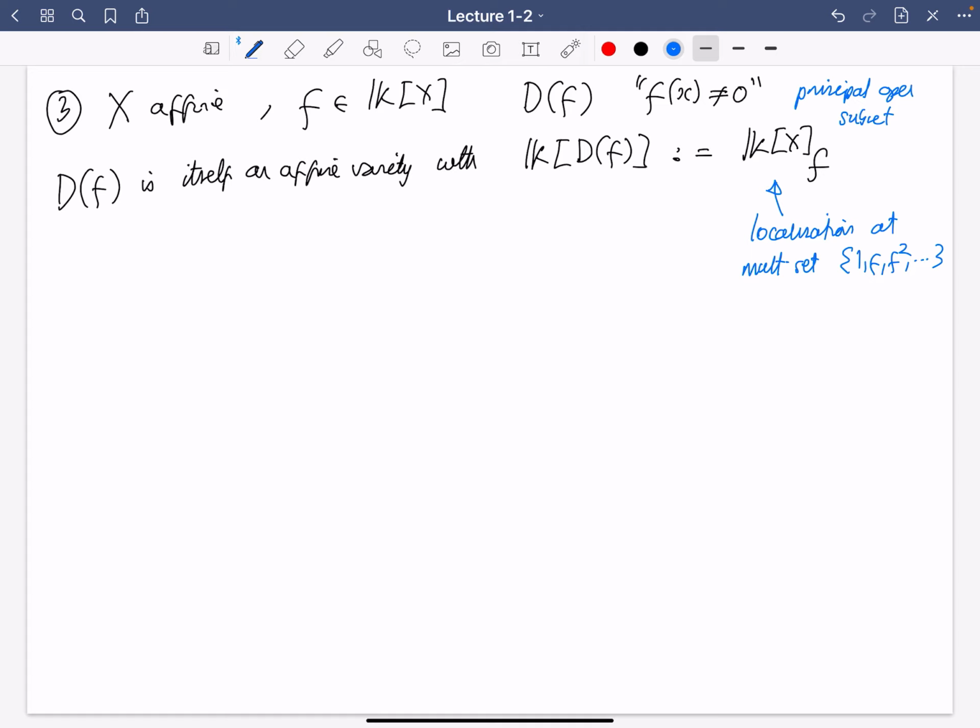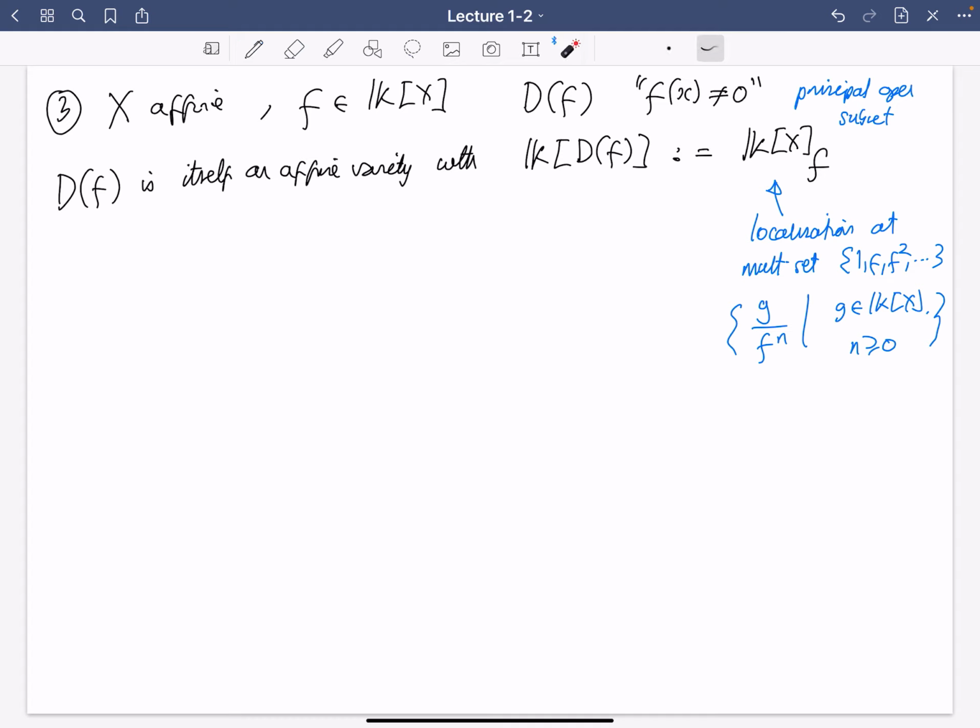So elements of this localization, they look like functions g in the coordinate algebra of X divided by some power of f, for g in the coordinate algebra of X and n greater or equal to 0. Okay, so they look like fractions with powers of f on the denominator.